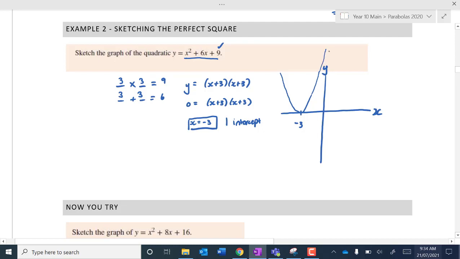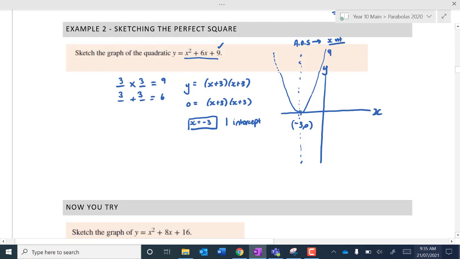It's going to go up through y = 9. And you can see that when we sketch this, the turning point is the intercept. So this turning point (-3, 0) is the same point as the intercept. This is our axis of symmetry, and it also happens to be the x-intercept as well.